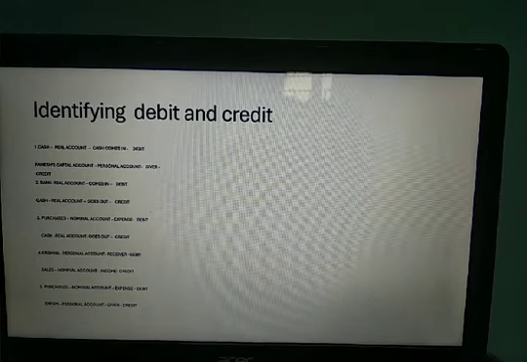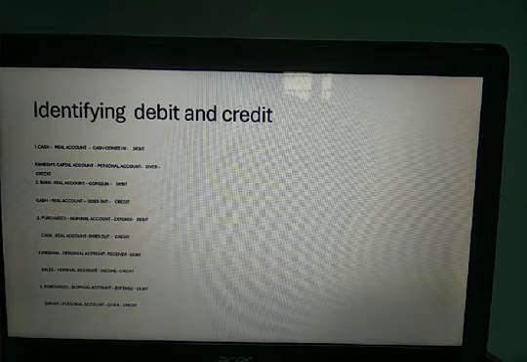Whatever transactions there are, they are financial transactions only; without monetary terms there are no transactions. Whenever you make a journal entry, first identify the two sides, then identify what accounts they are, either real account, nominal account or personal account.